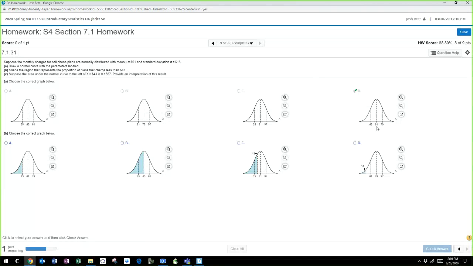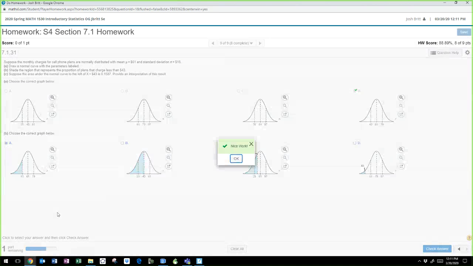So again, pick out the curve here, 61, 79, and 43. There's only one of those, so it has to be this one. This one shows the proportion of cell phone plans that are less than $43. So that's going to be that one.